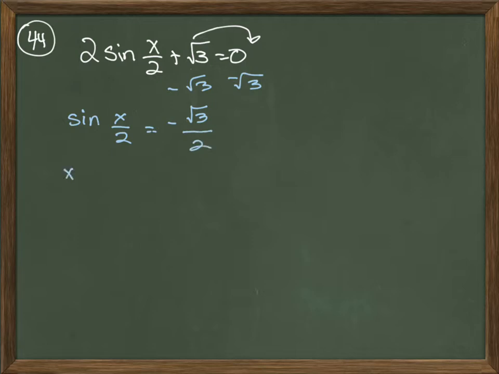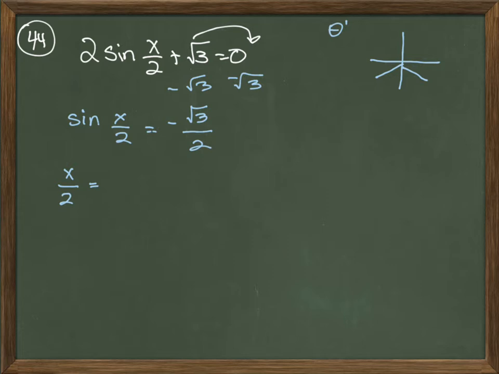Okay, and this time we have 1/2 of the angle, so we get x over 2. For which angle is the sine negative square root of 3 over 2? Anybody? The sine, first of all, is negative in quadrant 3 and 4. The reference angle for square root of 3 over 2 is 60 degrees, pi over 3.